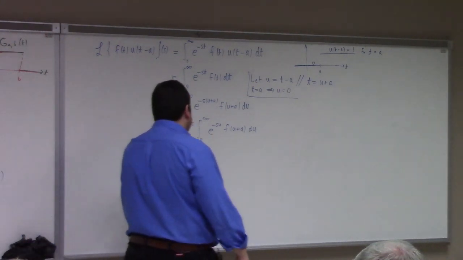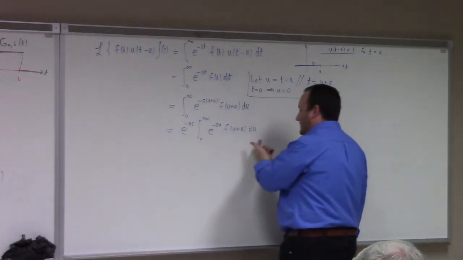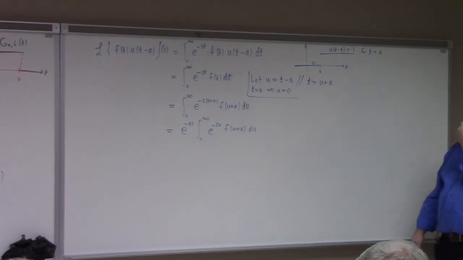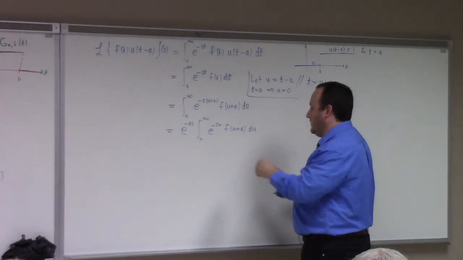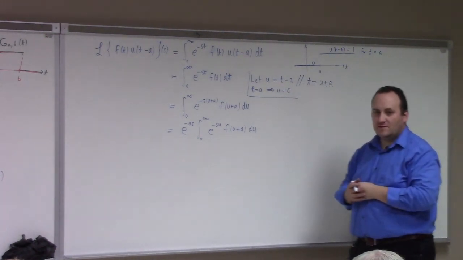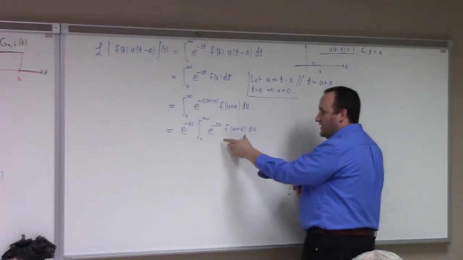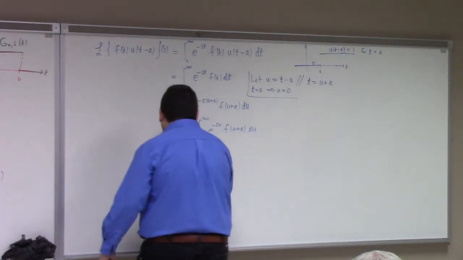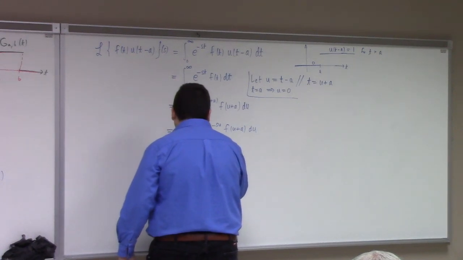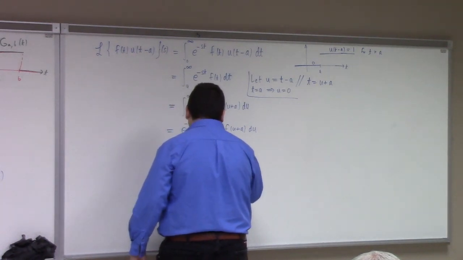And then we got this. What's that? Now, if you want, I can change the u back to a t so you can see it more clearly, but this is the Laplace transform of what function?